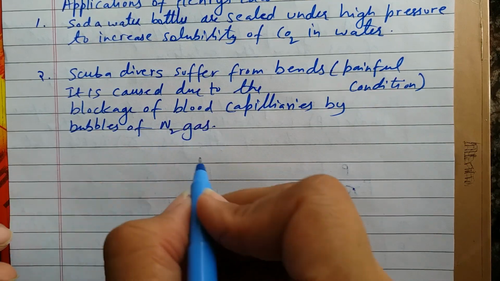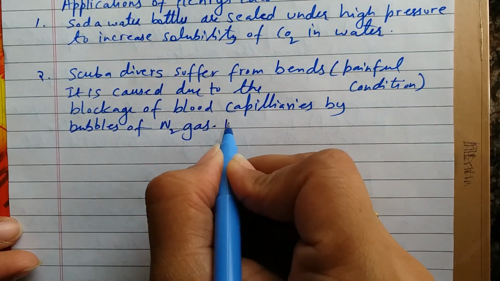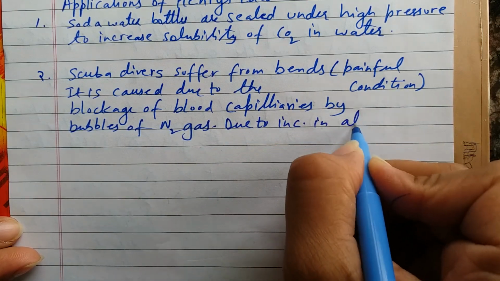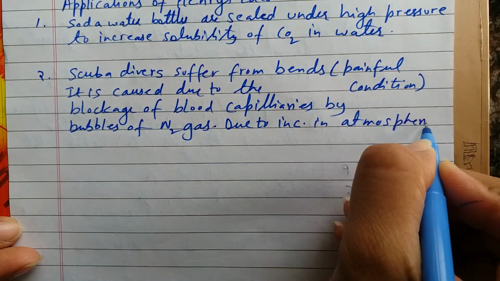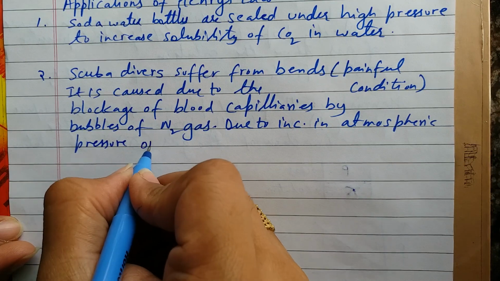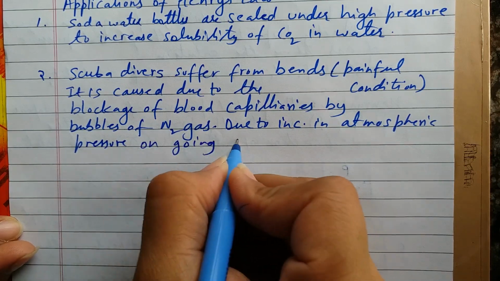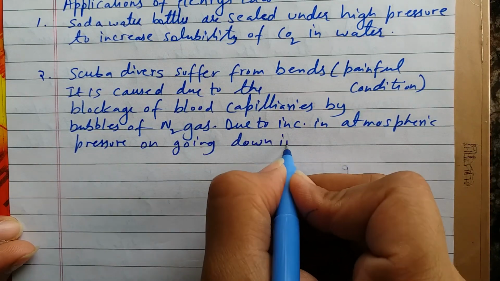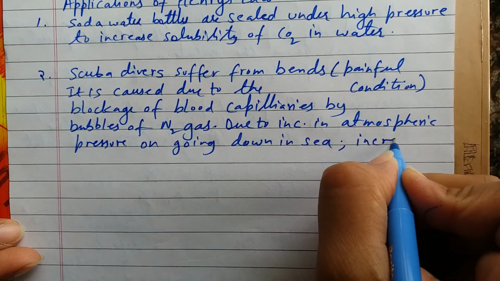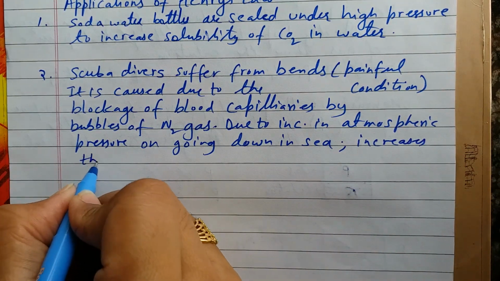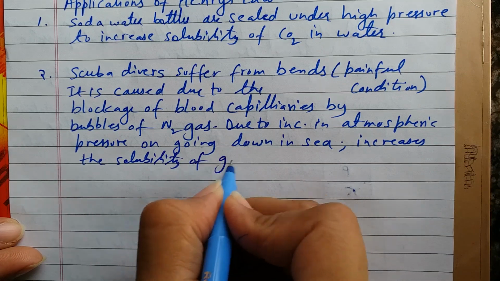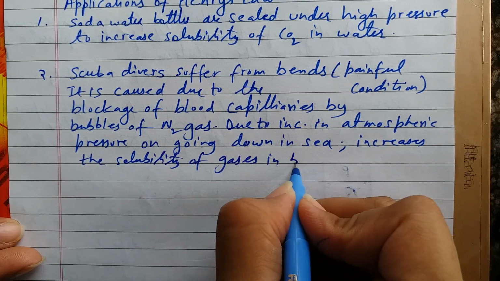And this happens due to increase in atmospheric pressure on going down in the sea, and this further increases the solubility of gases in blood.